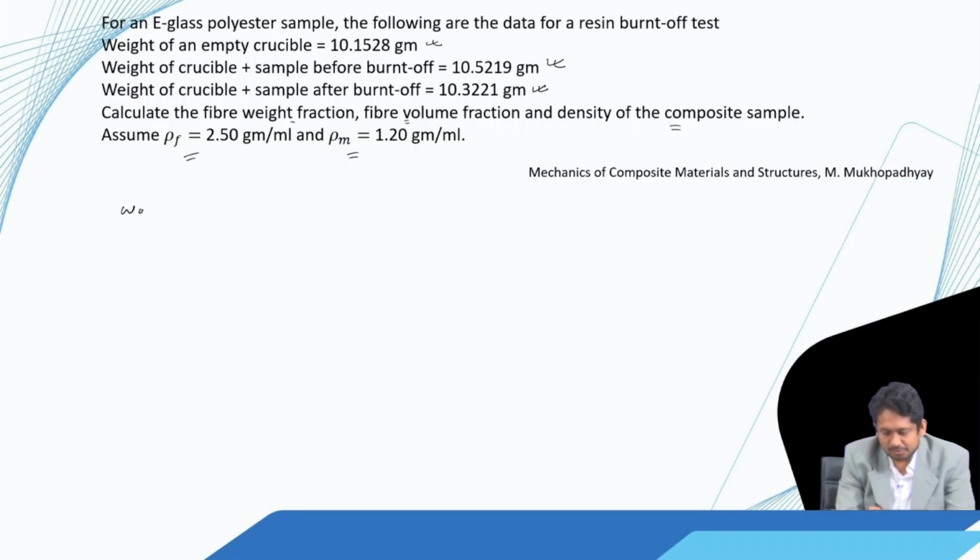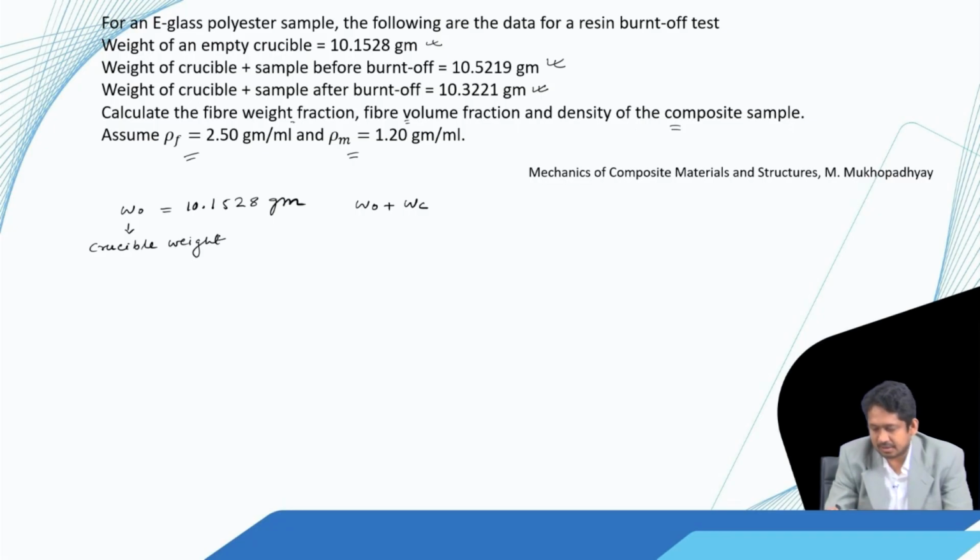So, let us say W0, that is crucible weight, is 10.1528 gram, that is what we are given, and then we are given W0 plus WC. So, W0 is crucible weight and WC is the weight of the composite.